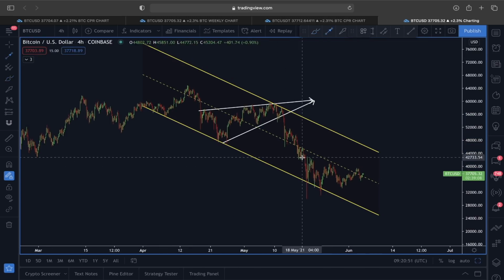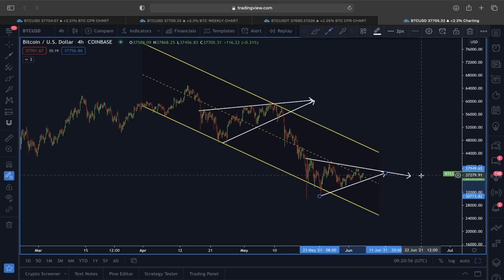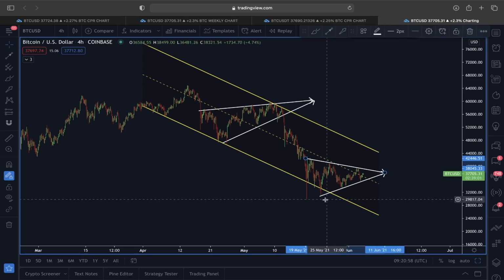But in our case, just like what I showed you, we are not forming a rising wedge, but we are forming this very nice symmetrical triangle type of scenario.